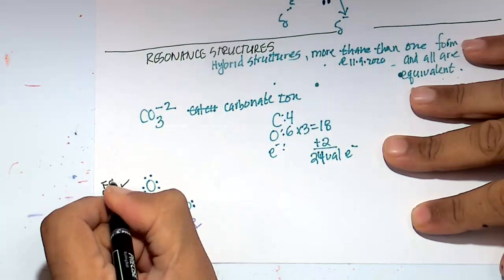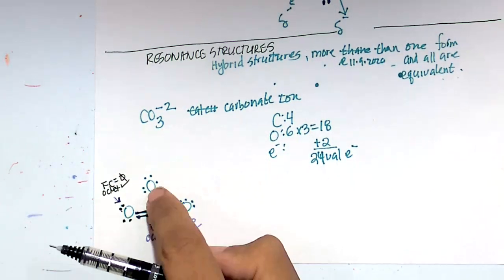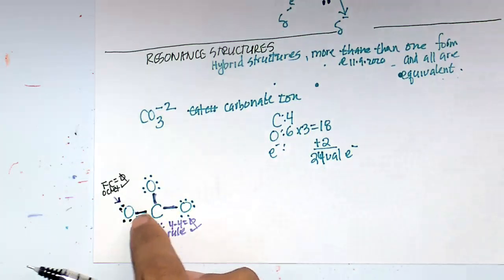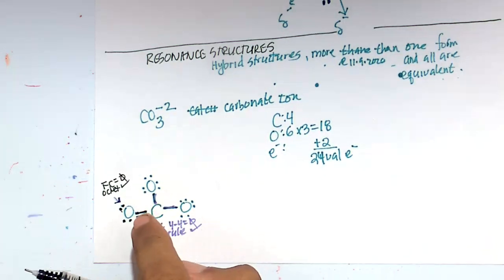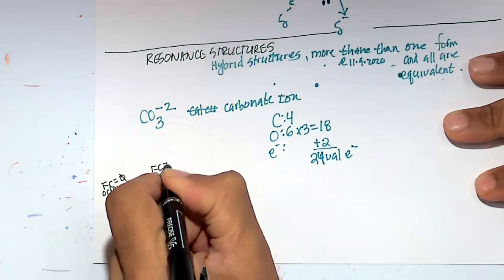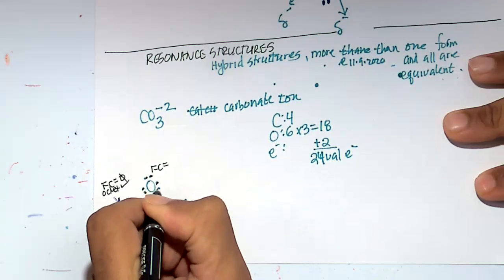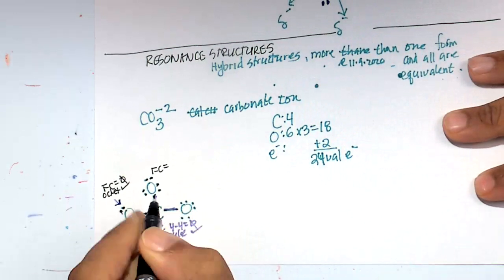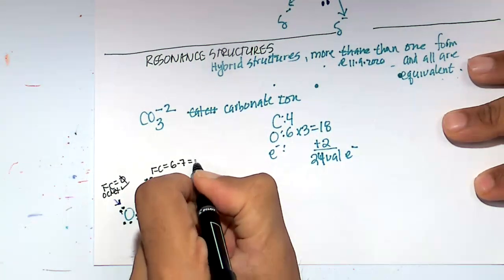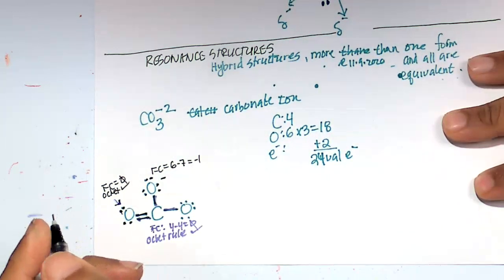What's the formal charge of this oxygen? 0. This oxygen and that oxygen are very different because this one has a double bond. This top one has a single bond, so we have to do it for this oxygen. Formal charge: 1, 2, 3, 4, 5, 6, 7. What is oxygen happy at? 6 minus 7 is minus 1. So this oxygen has a minus formal charge.